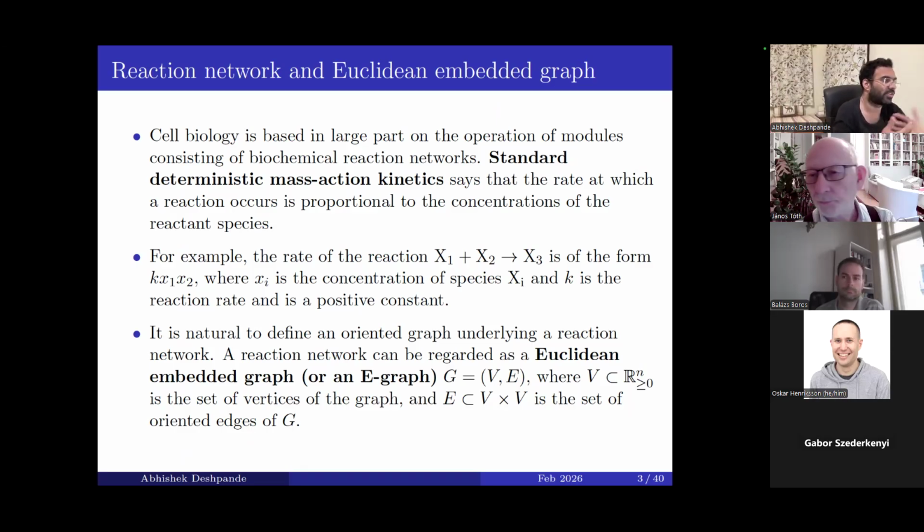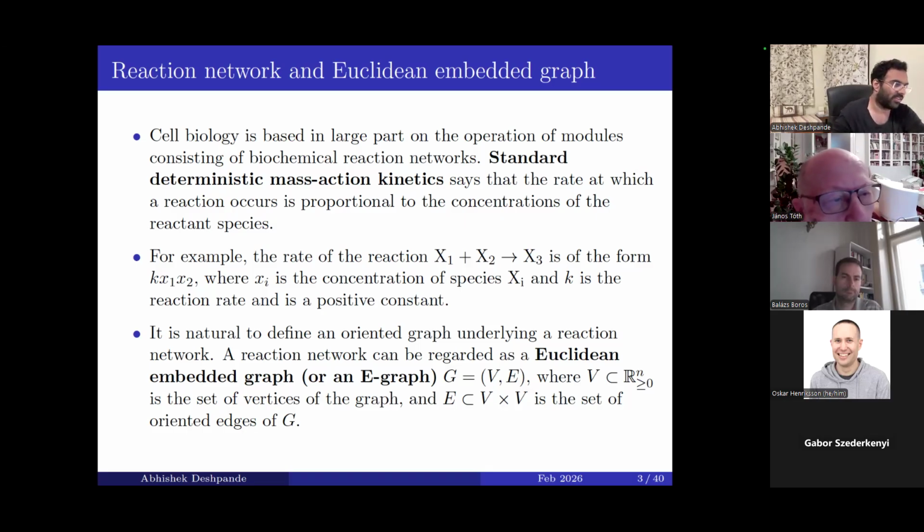So the rate at which a reaction occurs can be written as k times the product of concentrations of reactants. So for example, the rate of a reaction X1 plus X2 going to X3 is of the form k times x1 times x2, where x1 is the concentration of capital X1 and x2 is the concentration of capital X2.